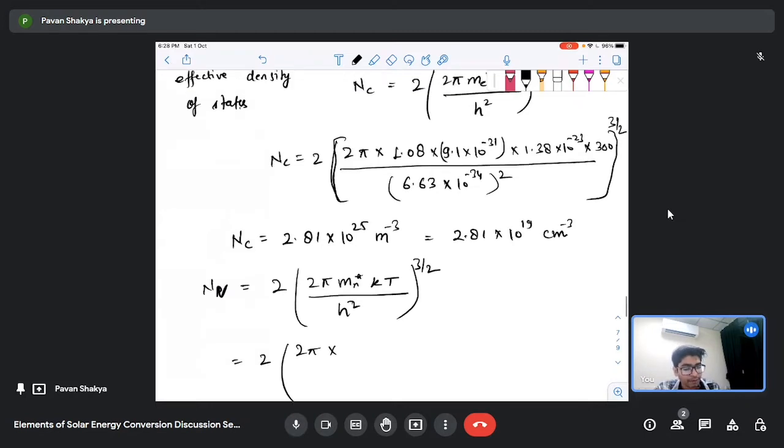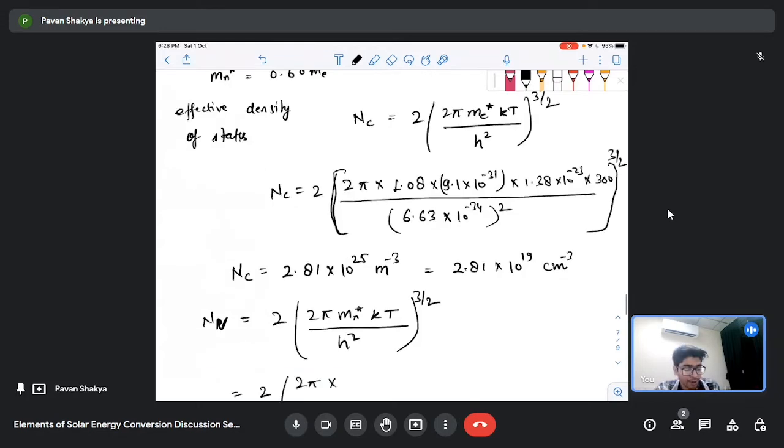mh star is given in the problem as 0.60 me, so it will be 0.6 multiplied by me, that is the mass of the electron, so it is 9.1 × 10^-31.